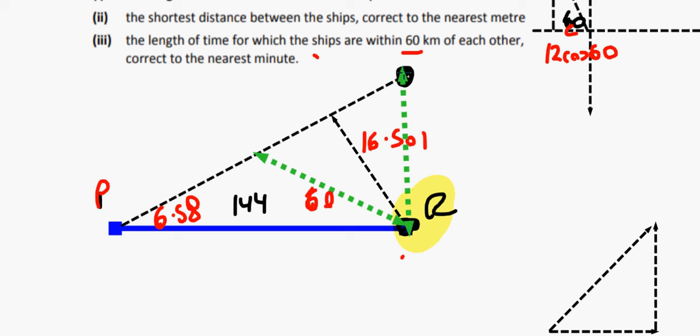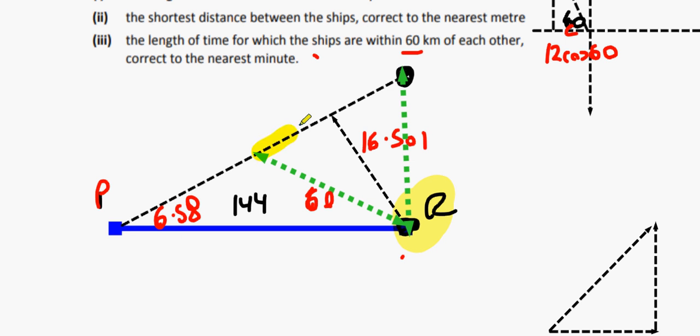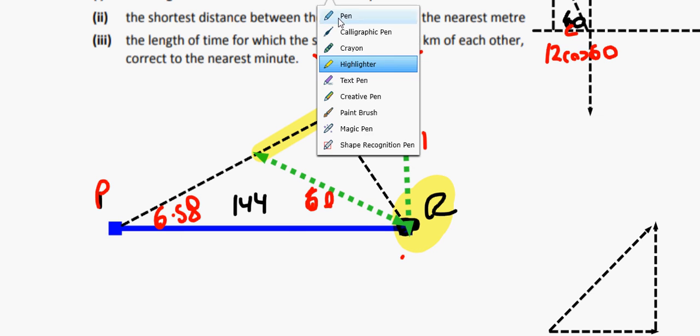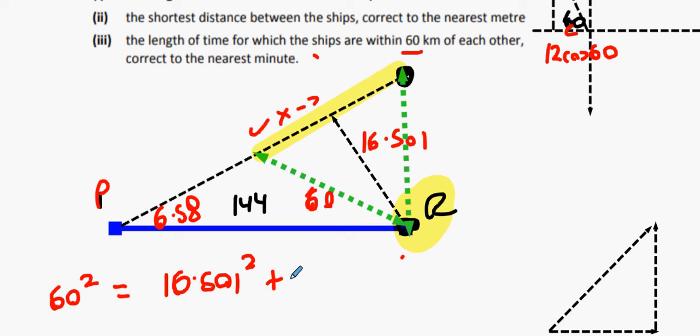Now, if I can find out the distance here, this yellow distance, that's what I'm looking to find, and we're going to use Pythagoras' theorem to find that. So I can find out half the yellow distance by using Pythagoras' theorem. We'll just call it x for argument's sake, and the distance I'm looking for is 2x. So it's going to be 60 squared equals 16.501 squared plus x squared.